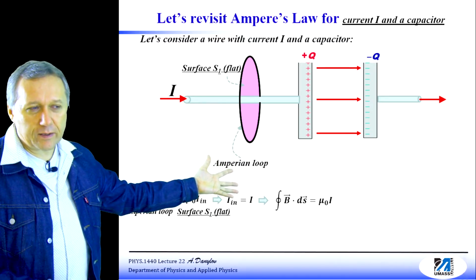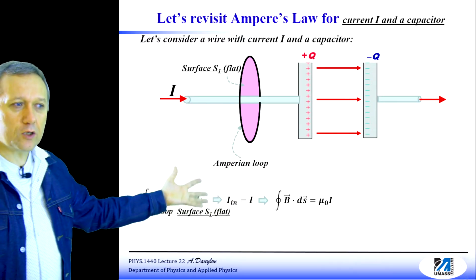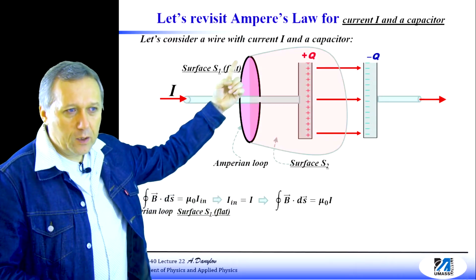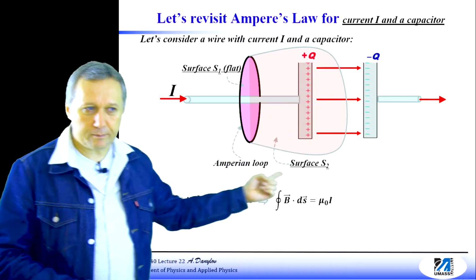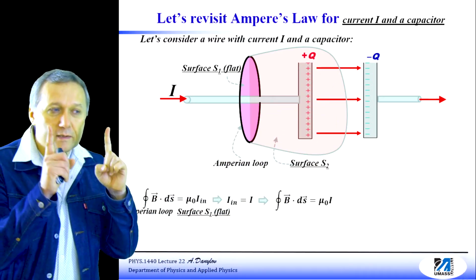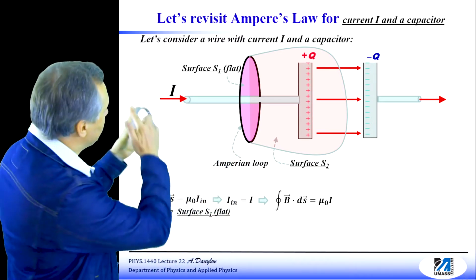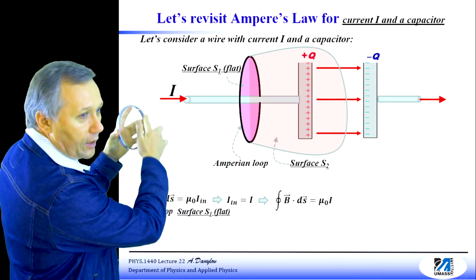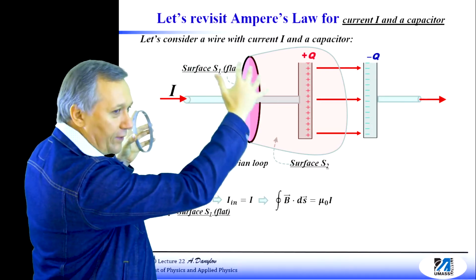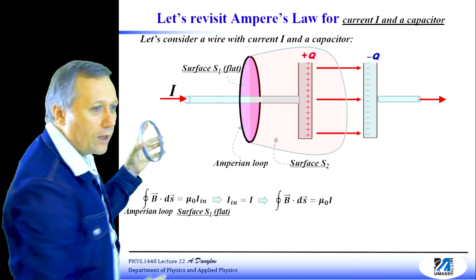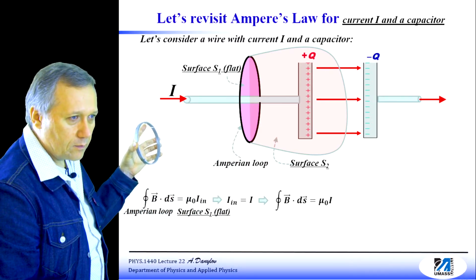Since I have a right to pick any surface I want, let me choose the surface like this, which goes through the gap of the capacitor. And again, it is enclosed by the Amperean loop. So pretty much again, even that surface, it still ends on the Amperean loop, right? And then it goes sort of very, very baggy type. It goes through the gap of the capacitor, right?